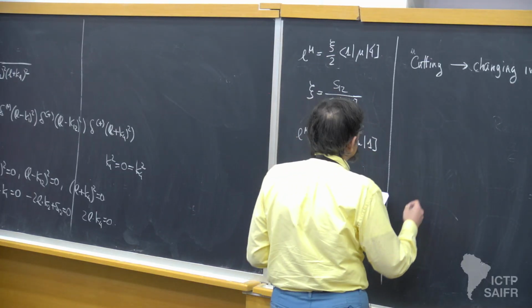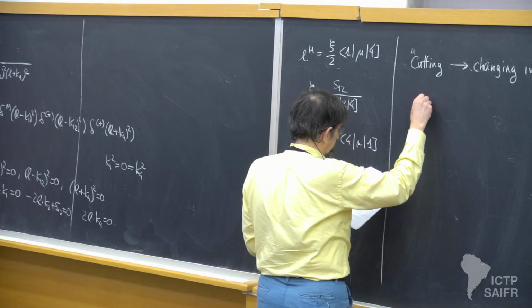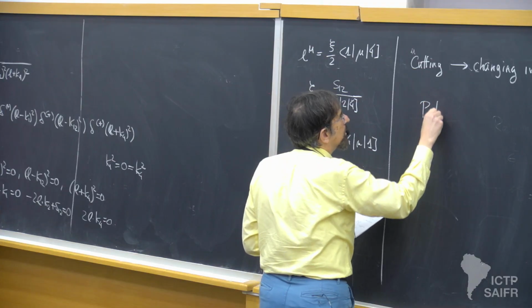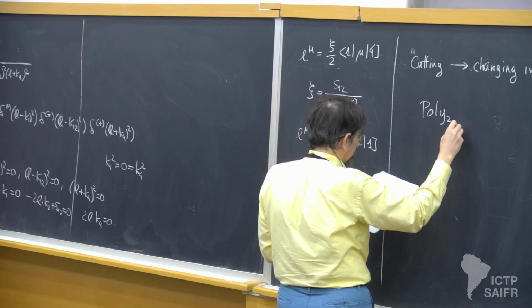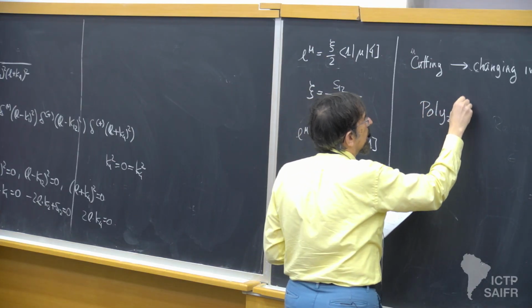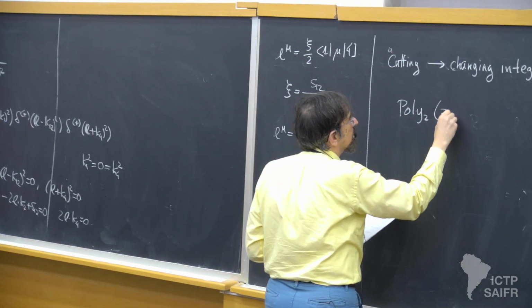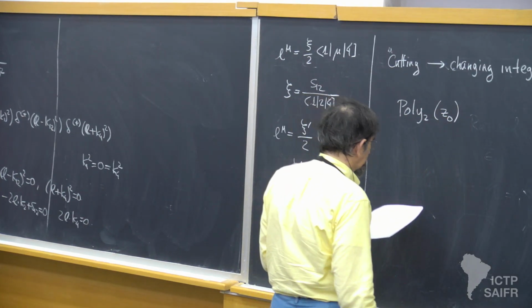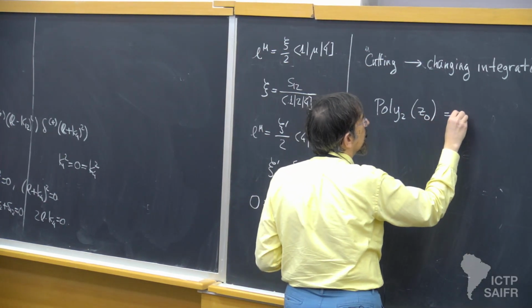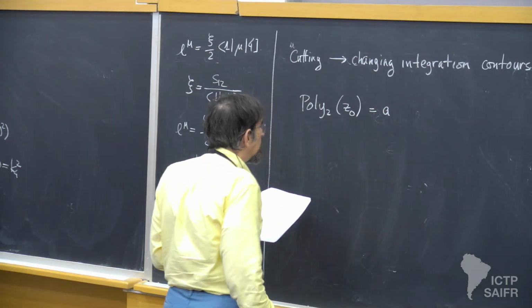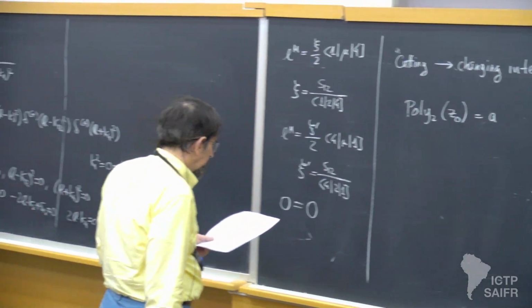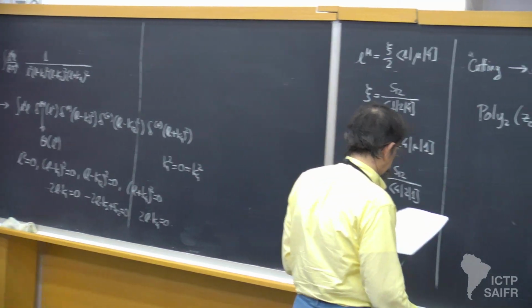So let's consider a polynomial, let me call it poly 2, as a function of z, and let's assume that it has a simple root at z0, and its value at z0 is equal to a.